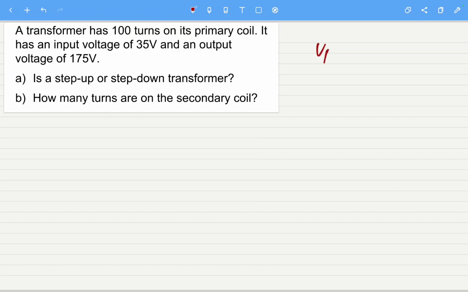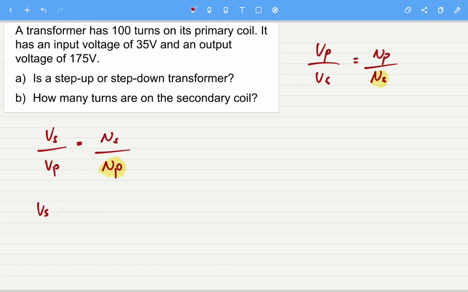The equation is voltage primary divided by voltage secondary is equal to number of turns on the primary divided by number of turns on the secondary. We want NS, the number of turns on the secondary coil. Because it's on the bottom, we should flip both sides. So voltage secondary divided by voltage primary equals number of turns on the secondary divided by number of turns on the primary coil. Then we just need to get rid of a divide by NP. The opposite of dividing by NP is timesing by NP on the other side.